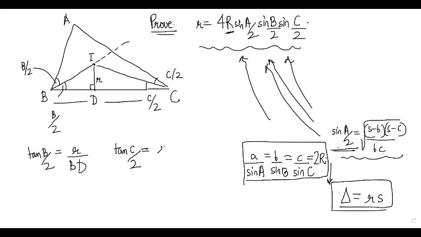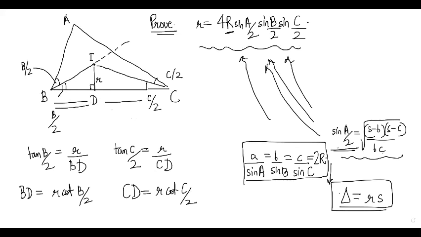Tan C by 2 is equal to R by CD, right? So BD and CD can be written as BD is equal to R cot B by 2 and CD is equal to R cot C by 2, right? Now you can say that BD plus CD is equal to BC. So BC is equal to BD plus CD.